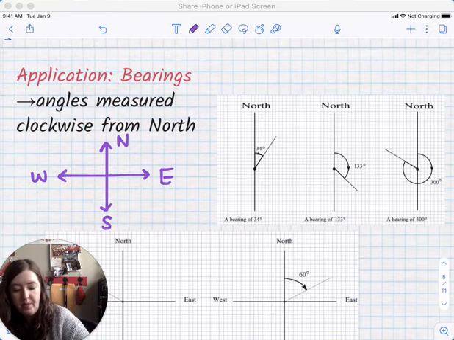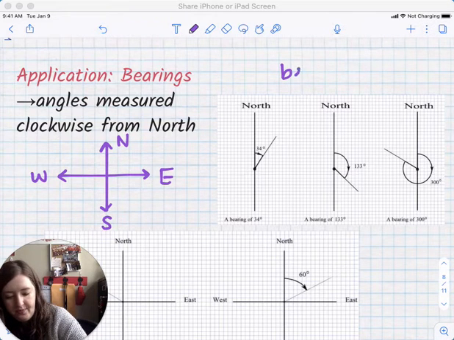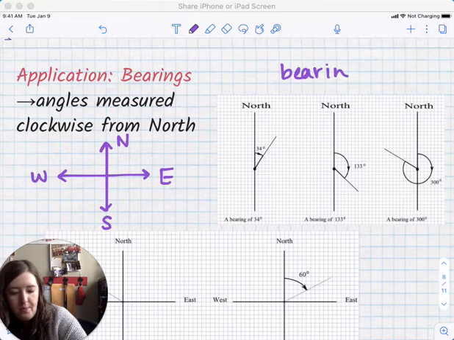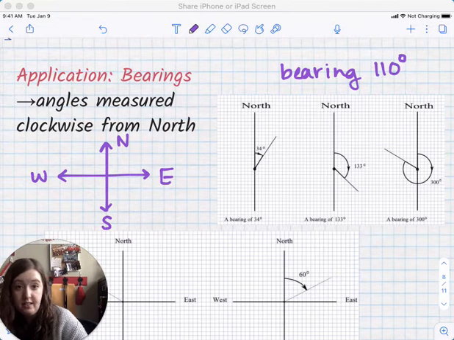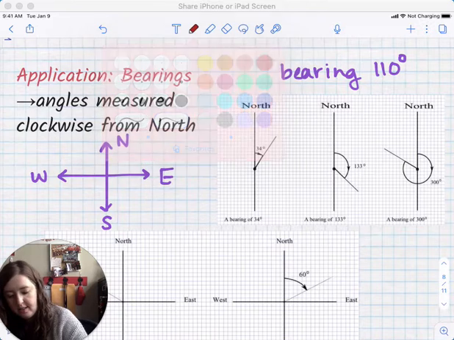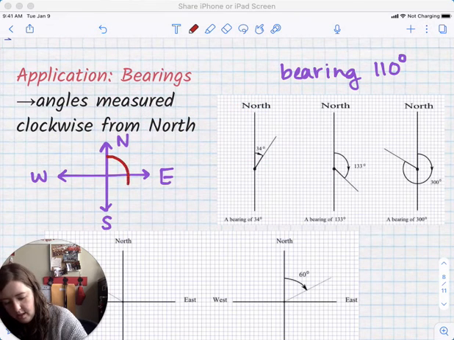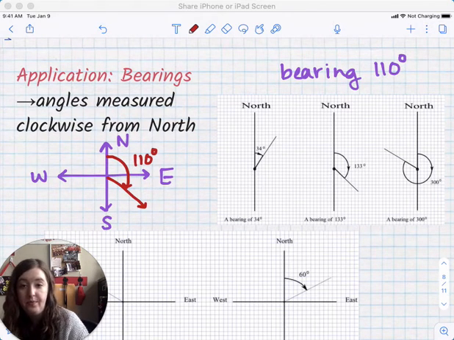So if they tell me that I have a bearing of 110 degrees, what that means is I'm going to be down over here, 110 degrees. Does that make sense? Okay, so we're going to have to convert back and forth, things like that.